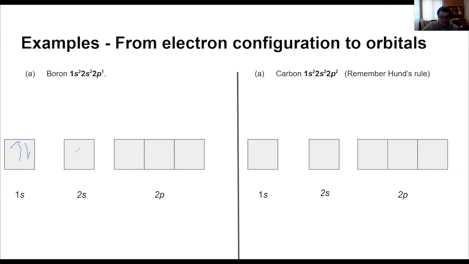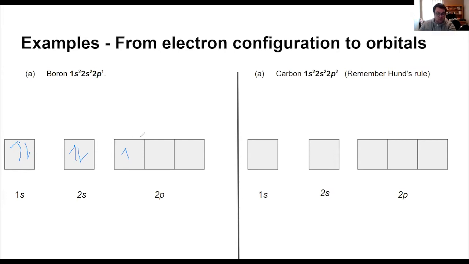In our 2s orbital, we'll have, again, one up arrow and one down arrow. And our single electron, that's the upper number just here, that is found in our p orbital, we're going to have a single up. Okay. And that gives us an idea of the 5 electrons surrounding boron, in terms of where they're located.